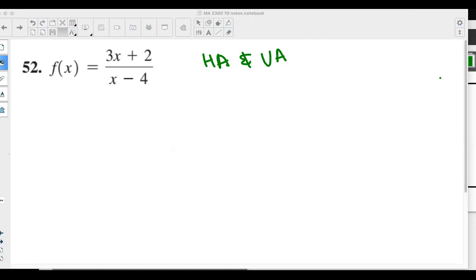If you get to Desmos, graphing calculator, then I'm going to type in the function. The function was 3x plus 2 and then x minus 4.